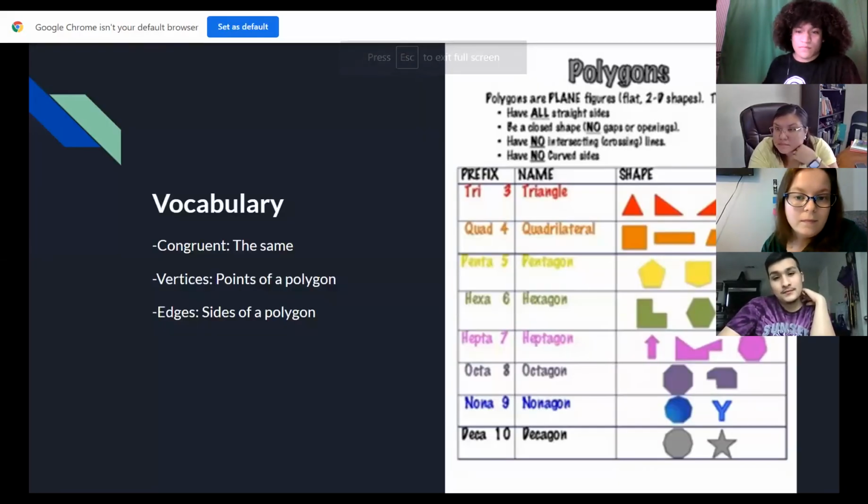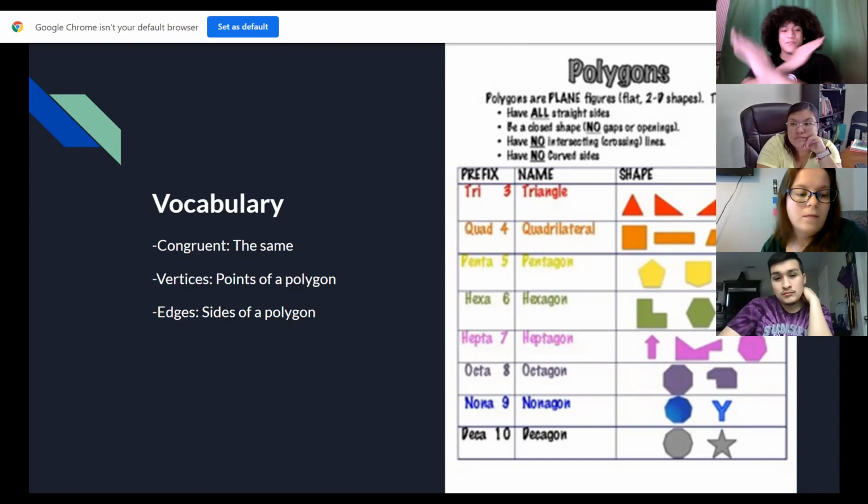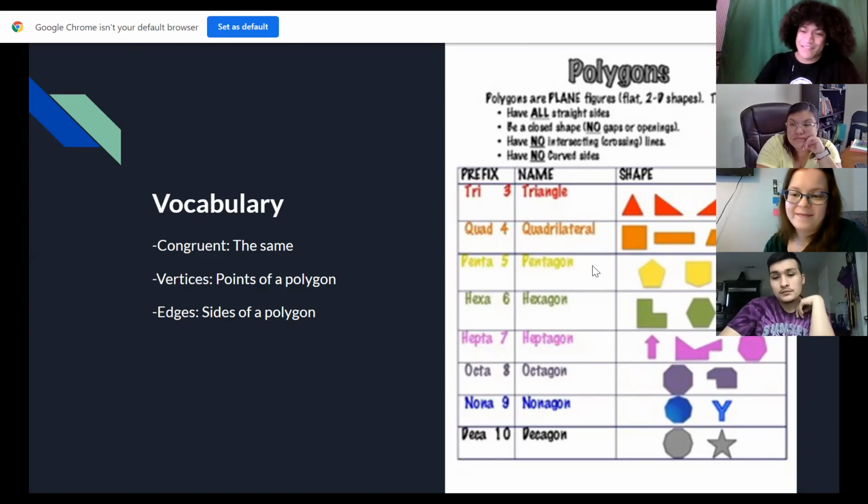It's closed, so it has no openings. We knew that. Who wants to read the next line? It has no intersecting lines. Do y'all know what that means? Like a line going through the shape. Yes, they don't do this. They do this.